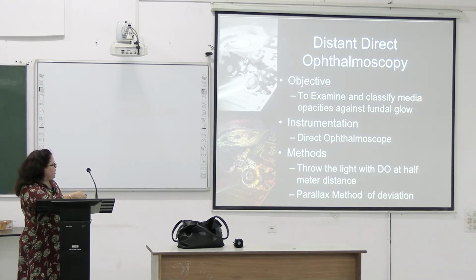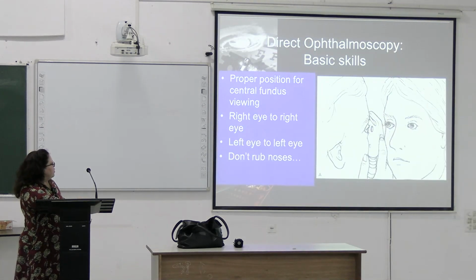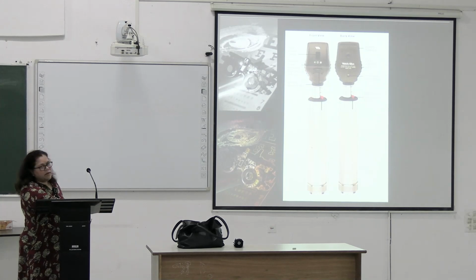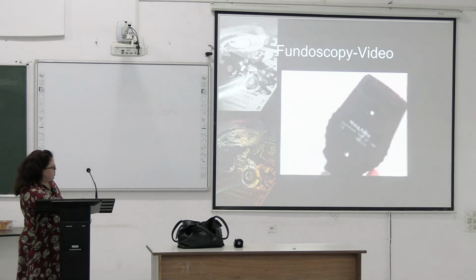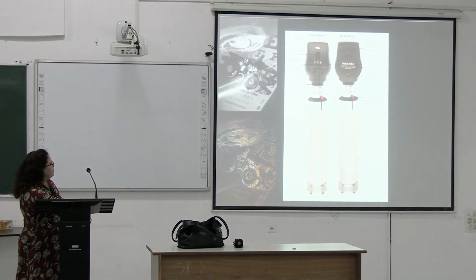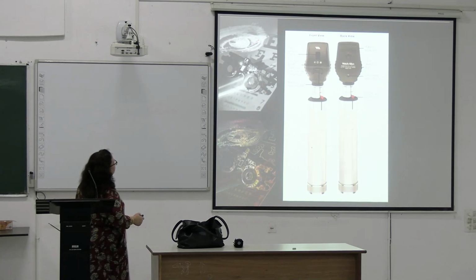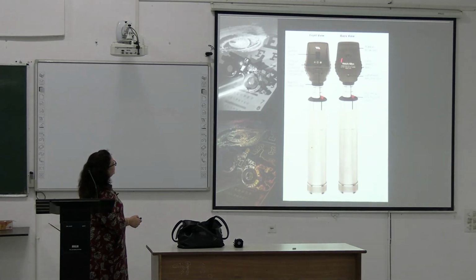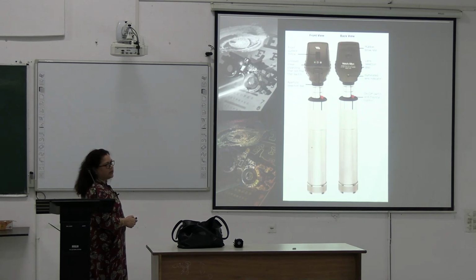And the instrumentation is the direct ophthalmoscope. This is the distant direct ophthalmoscope. This is the front view, and this one is the back view, and this one is the mirror through which we see the fundus, and this is the regulator switch.